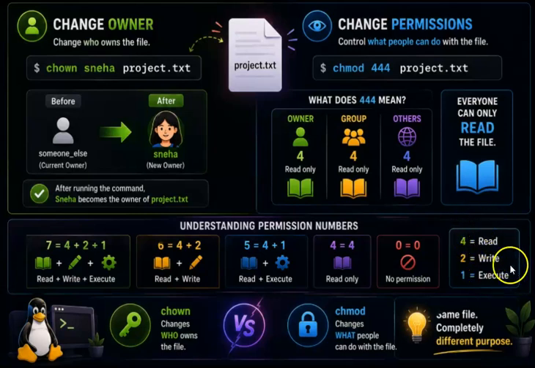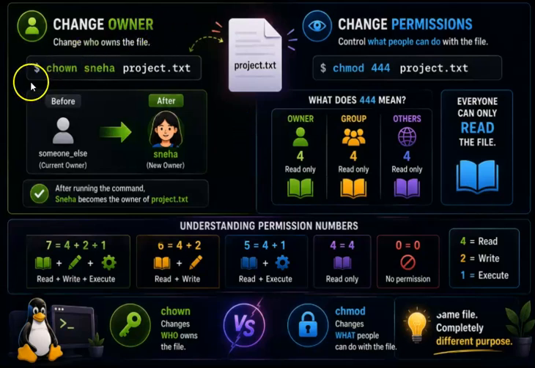These numbers can also be combined. For example, 7 equals 4 plus 2 plus 1, which means read plus write plus execute. Now understand 444: it simply means the owner can read only, the group can read only, and others can also only read. Nobody can modify the file, but everyone can read it.